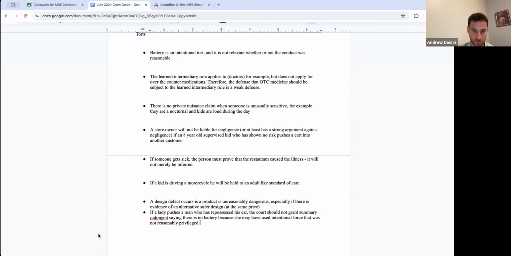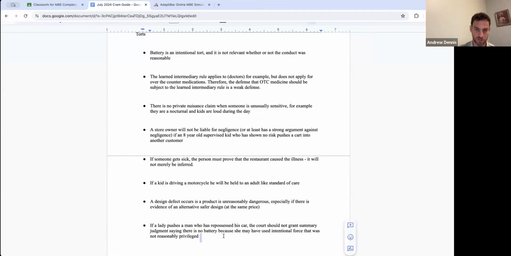Like maybe it was reasonably privileged, but this is summary judgment. There's got to be a disputed material fact. Let's let the jury decide if this woman should have pushed this man or not.